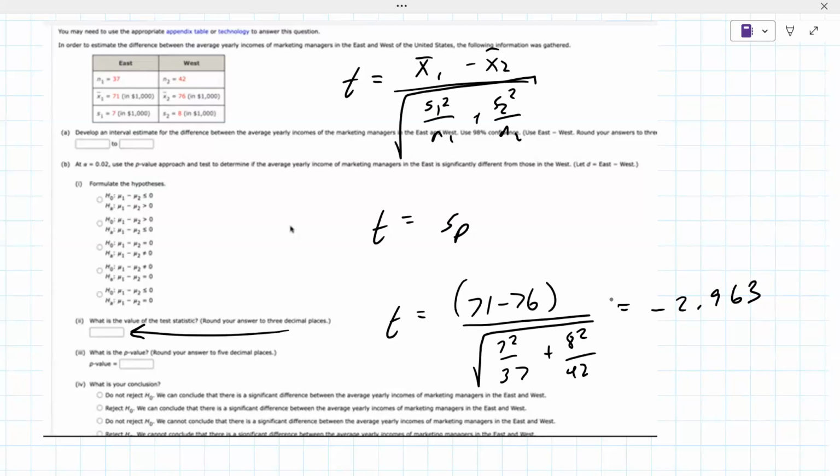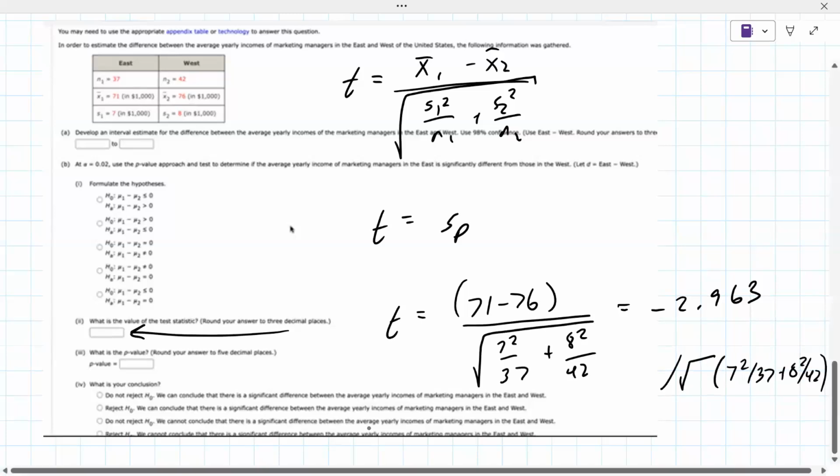Would you mind checking that? I made a calculator error, so I've got to do the parentheses again. Do I put the denominator in one whole parentheses or individually? You don't need to because it's under the square root. It'll look like square root, and then you can go 7 squared over 37 plus 8 squared over 42.